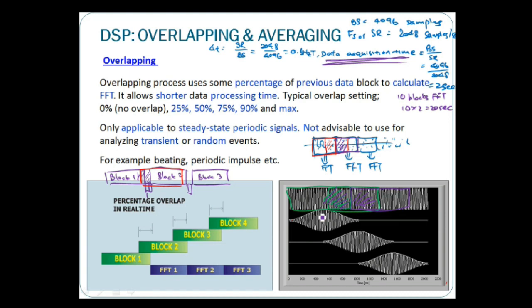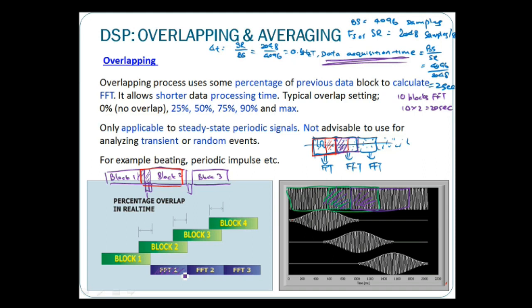Particularly in the old days, when you did FFT it took a longer time. But with current technology, FFT can be performed very fast. Of course, you can still apply overlapping if you know the signal is steady and you want to save more time.